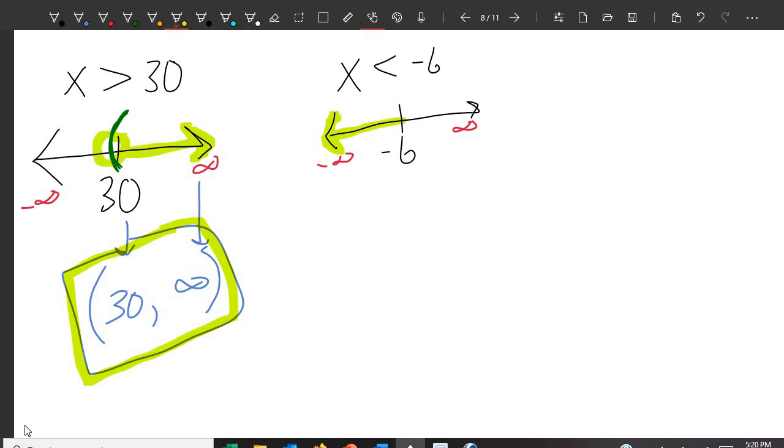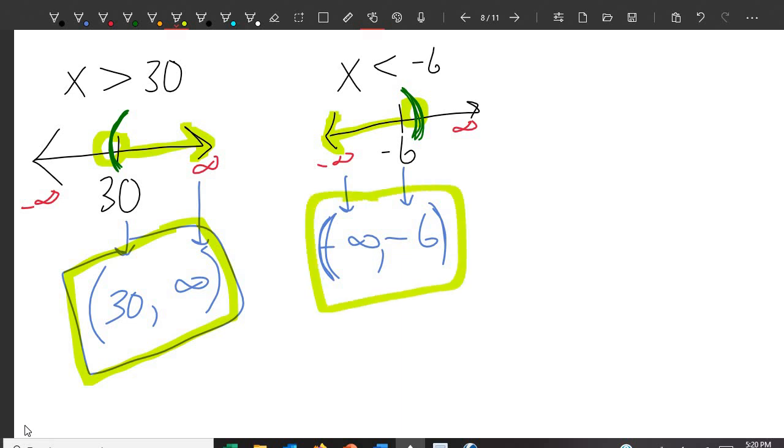Now this one doesn't have the line underneath, so it's an open circle. But again, open circles are parentheses. Okay, now we can write the interval notation. Bring down the negative infinity, bring down the negative 6. There's a parentheses on the negative 6 and a parentheses on the negative infinity.